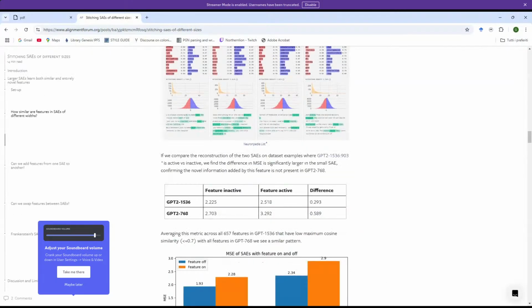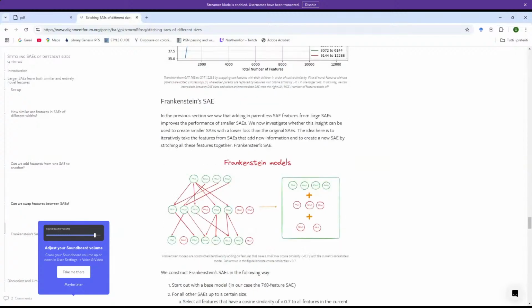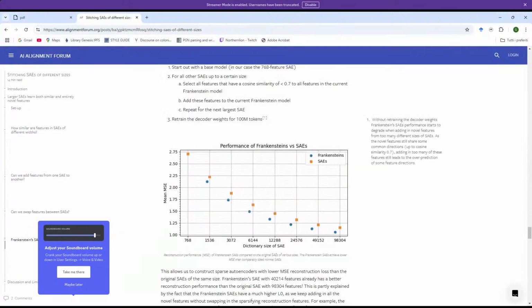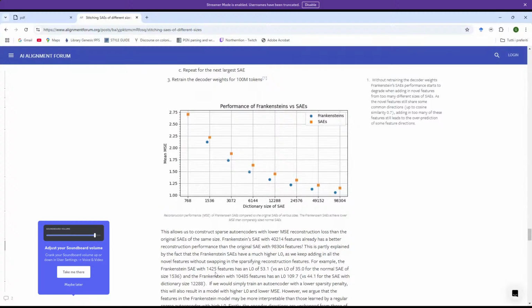My opinion, but it may be wrong, is that the reason their Frankenstein SAEs are better than the SAE of the next size is because the L0 is higher, and they do mention this. So you see, for example, this one has an L0 of 53 versus an L0 of 35.